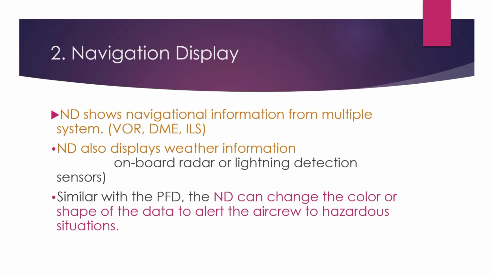It also displays weather information from onboard radar or lightning detection sensors. Similar to the PFD, the ND, navigation display, can change the color or shape of the data to alert the aircrew to hazardous situations.